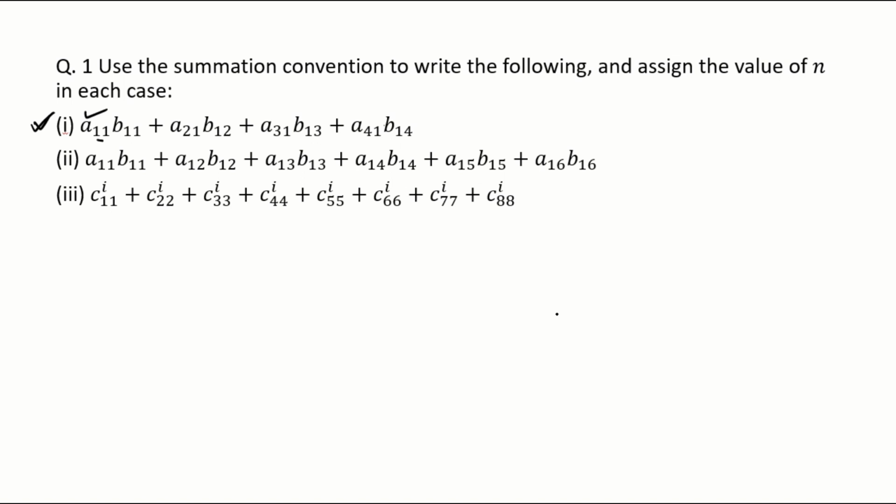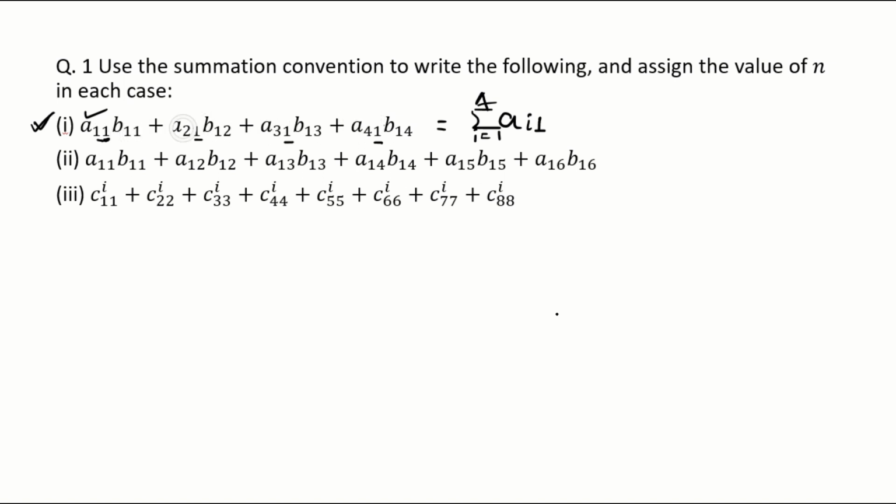In each part the second subscript is fixed, it is 1, and the first subscript is changing from 1 to 4. So I can say it is like a_i1, and i is changing from 1 to 4, so we take summation, i from 1 to 4. It will cover all the components.